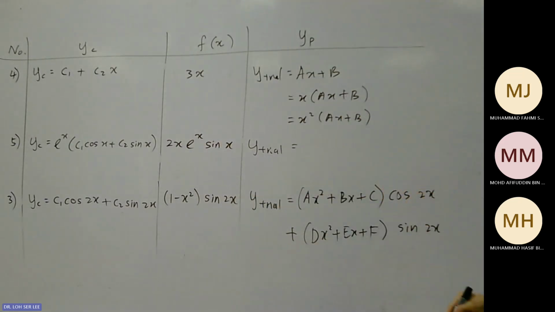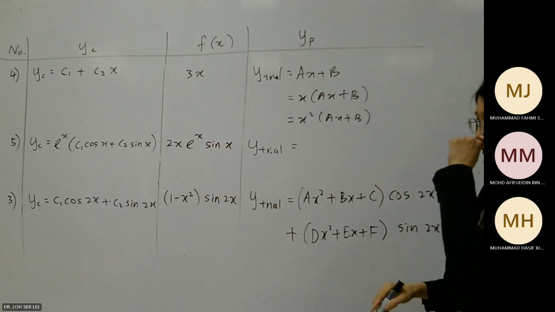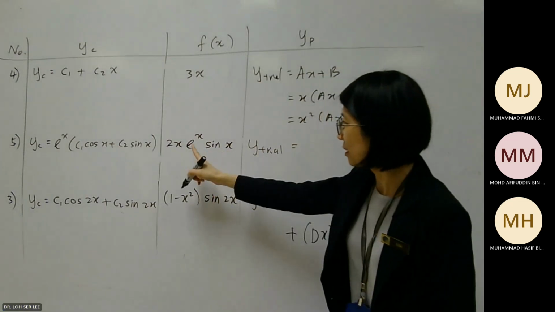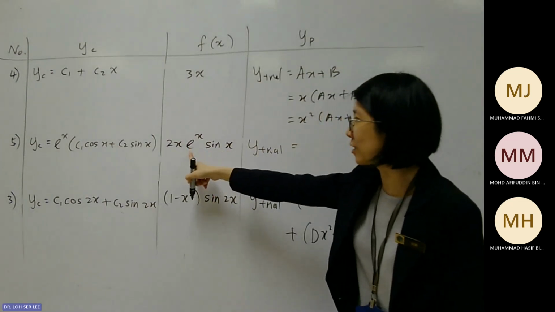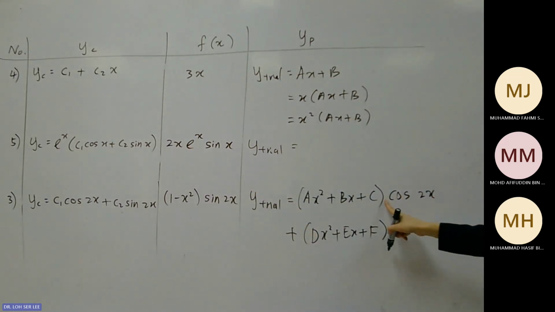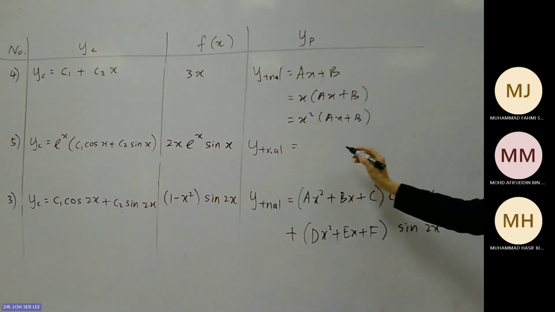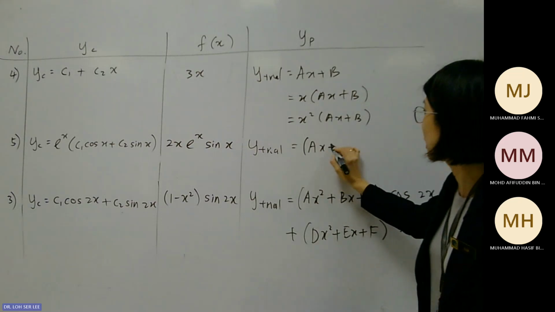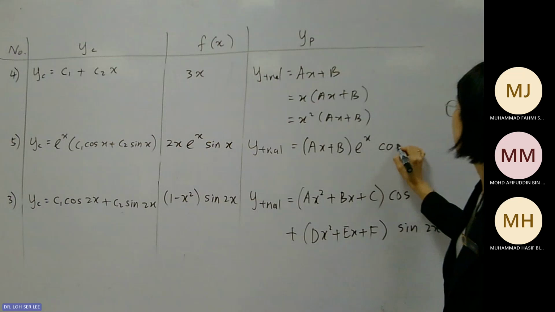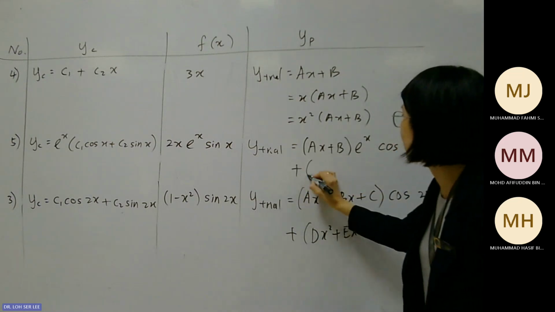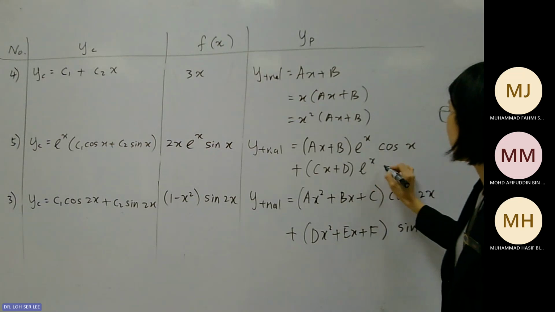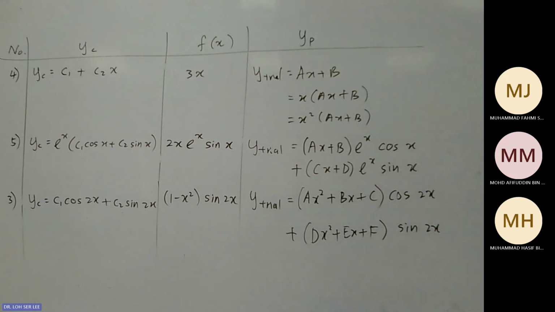So what is the Y trial? This one is actually similar to this, it's just that there's an extra EX. When you have an extra EX, that is simple. You just insert EX here. So you have AX plus B, EX. We start with cos X, and then plus CX plus D, EX, sine X.